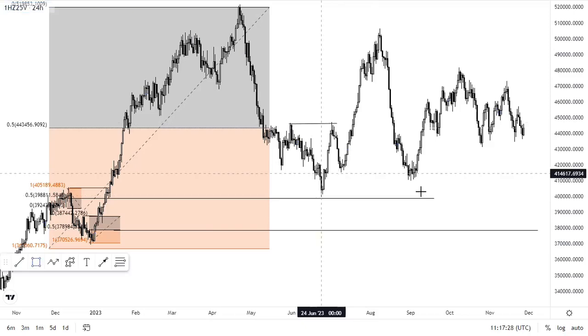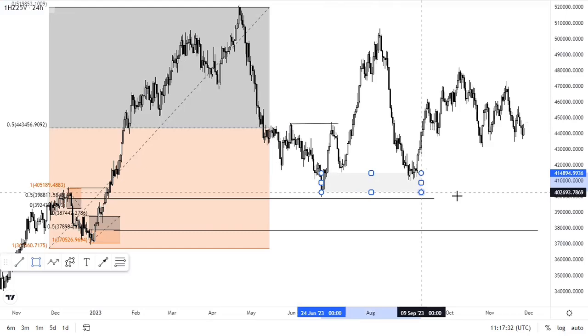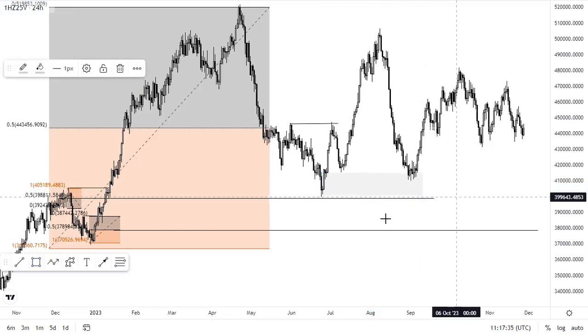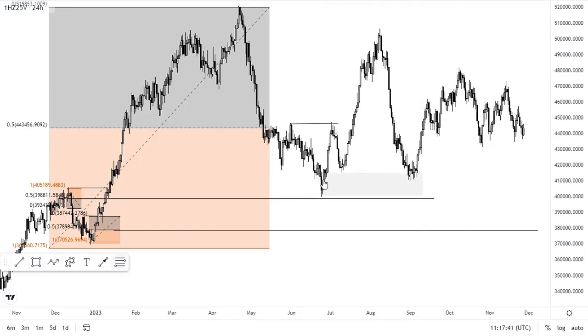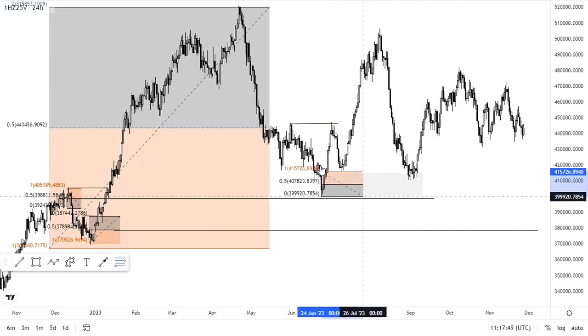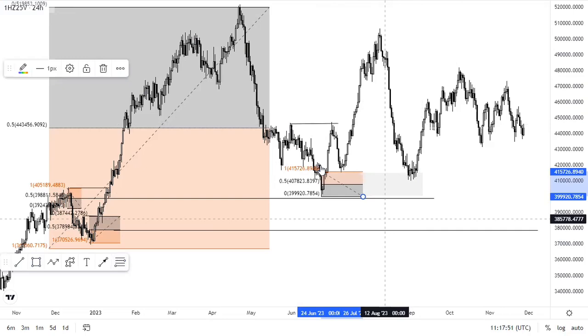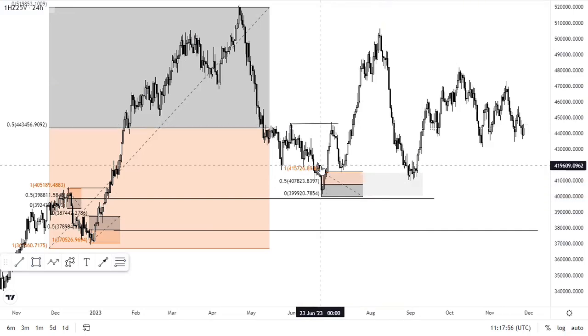Remember, the same process, I'm going to be looking out for my 50% equilibrium or my discount level. So let me mark out the 50% equilibrium or discount level. So let's do that. We have this. Now this is my PO high around here.